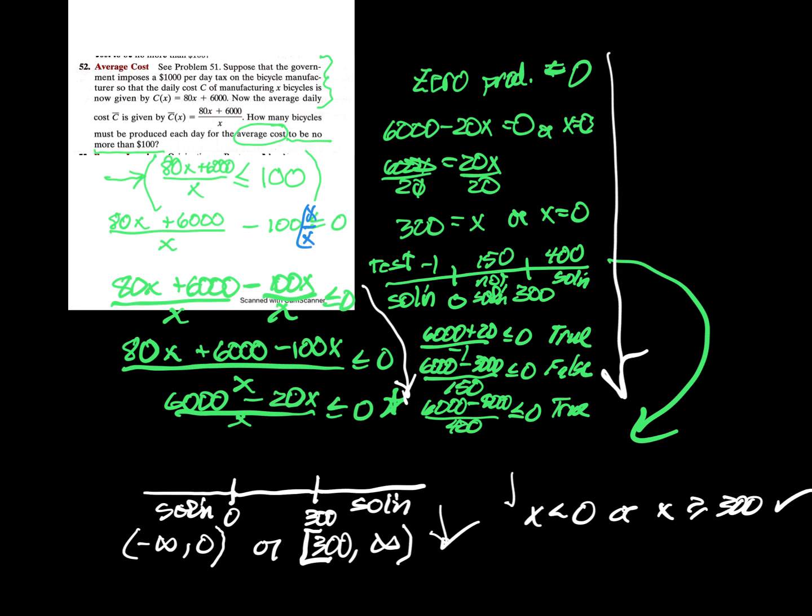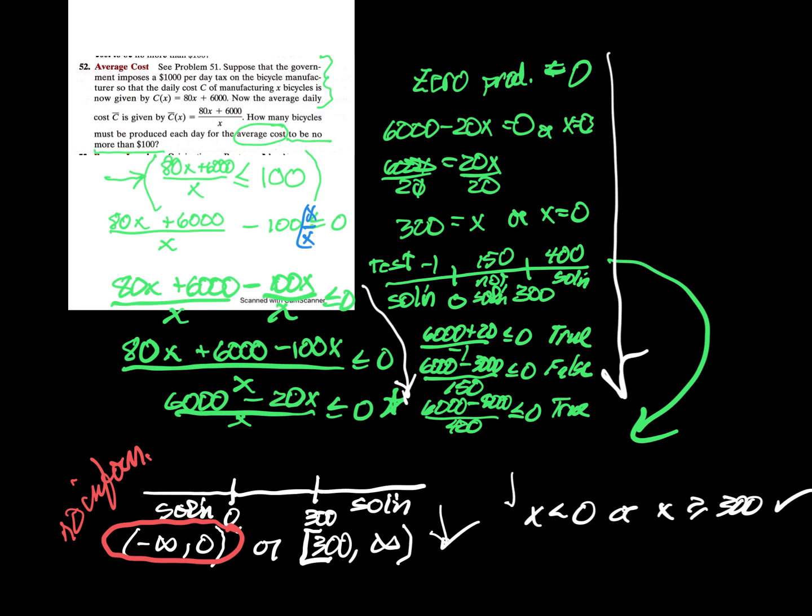So this part of the solution right here, and I'll do this in red, gives us essentially no information at all. Well, it gives us information. It just tells us that if you don't make bicycles, your cost is obviously going to be less than $100, okay, if you don't make bicycles at all.